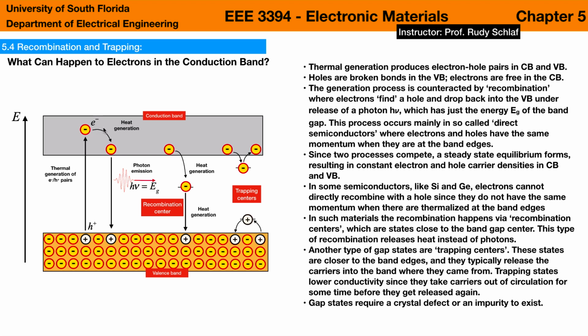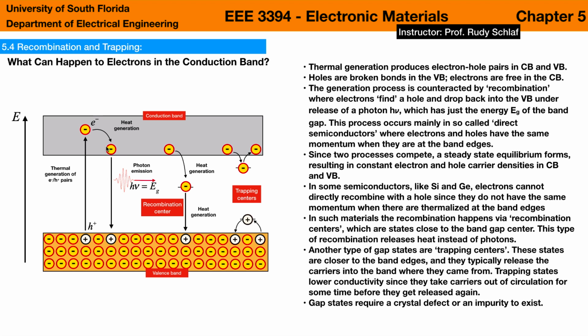Once they're there, they usually all go down to the band edge, to the minimum of the conduction band, and they lose that energy via heat generation, so the crystal gets a little warmer. Now when they are at the band edge, then they sort of wait there until they have a reason to lose this energy and go back into the valence band. And of course they can only go back when they find a hole to jump onto to recombine with.